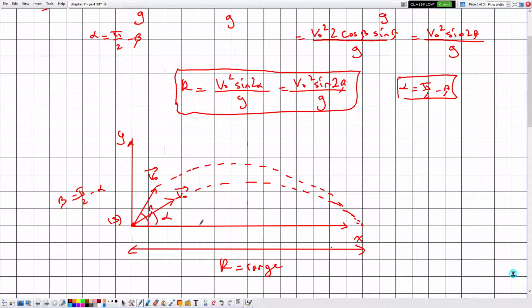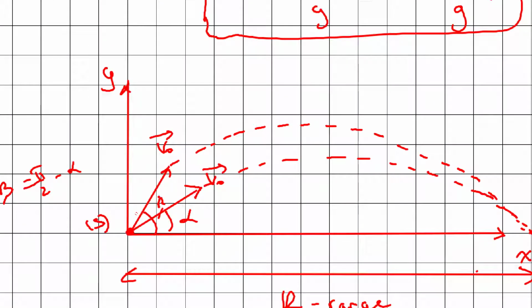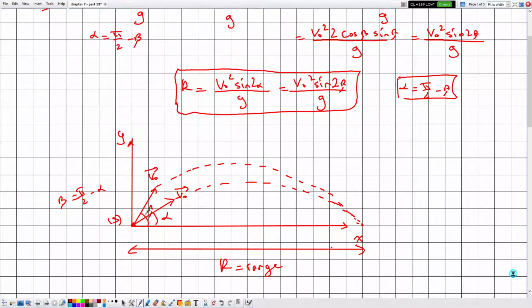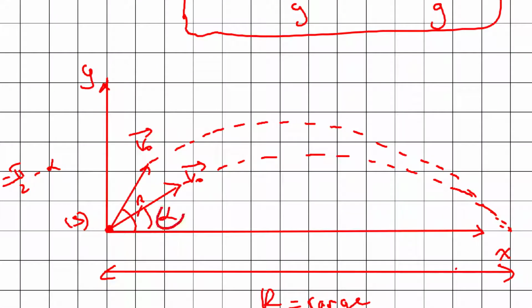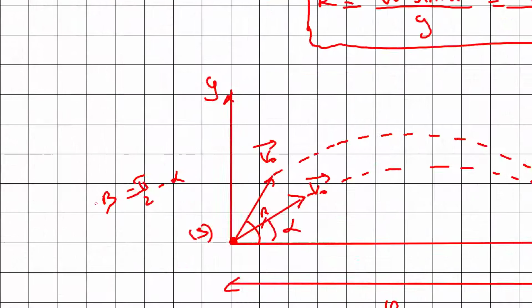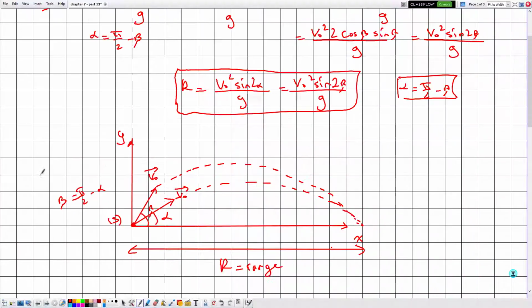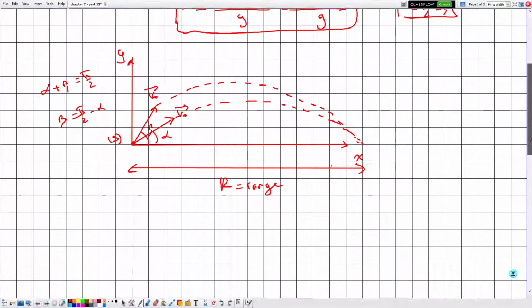Why? This projectile that has a shooting angle beta will have the same range as that of the shooting angle alpha, simply because alpha and beta are related by pi by 2. So in this case we have alpha plus beta equal to pi by 2. Because these two angles are complementary angles, they will have the same range.